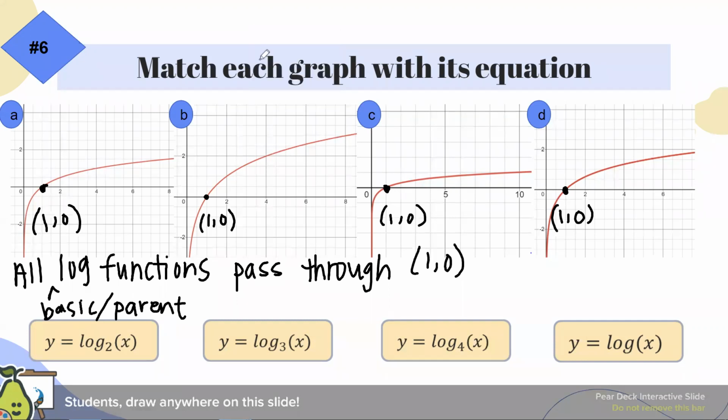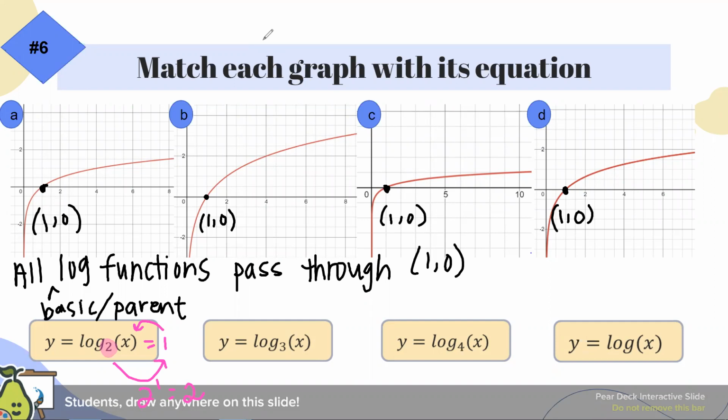Then we have to remember that we have that one property, that the logarithm of the base to the first power is 1. If I set this equal to 1, 2 to the 1 should give me 2.